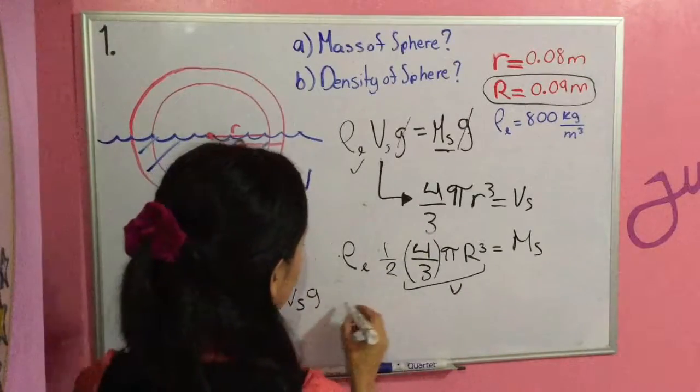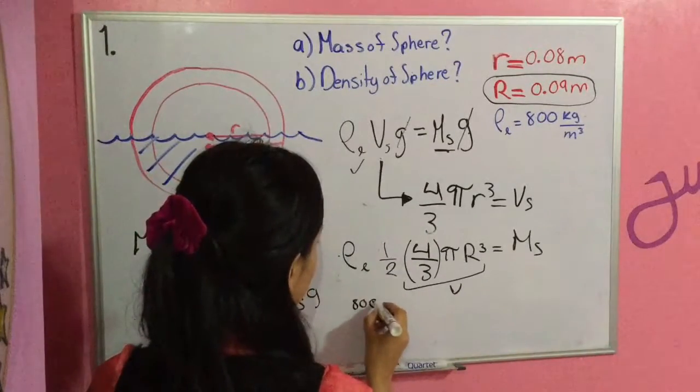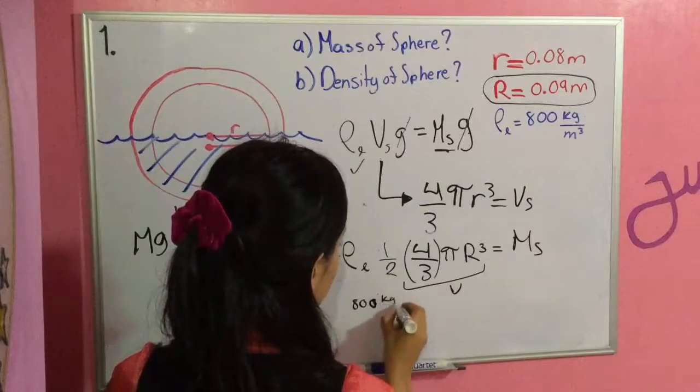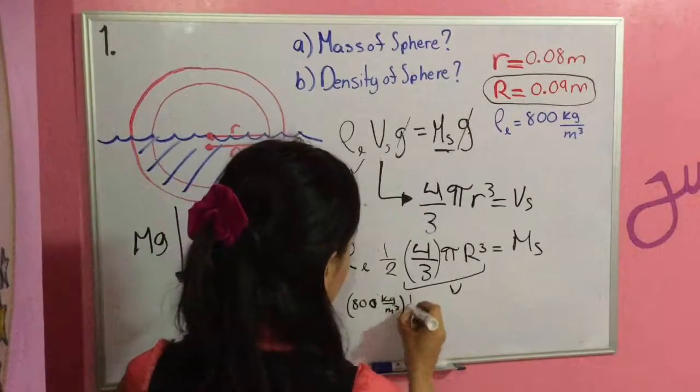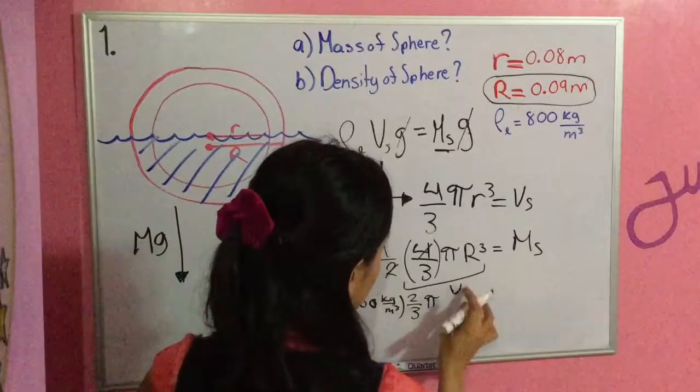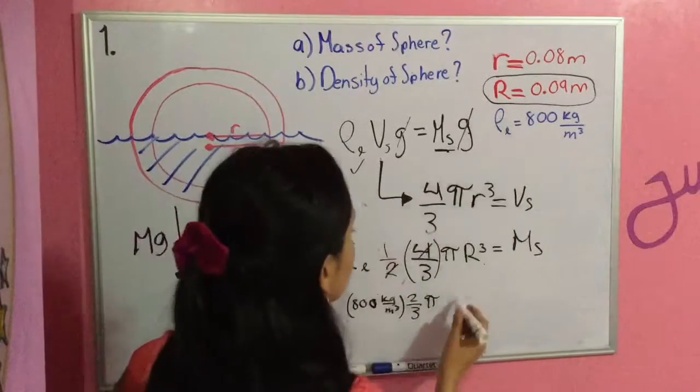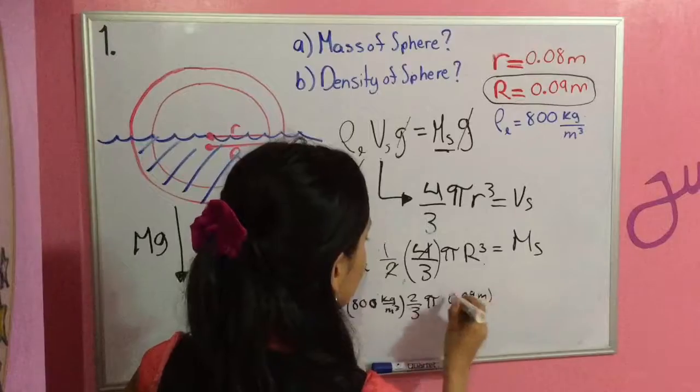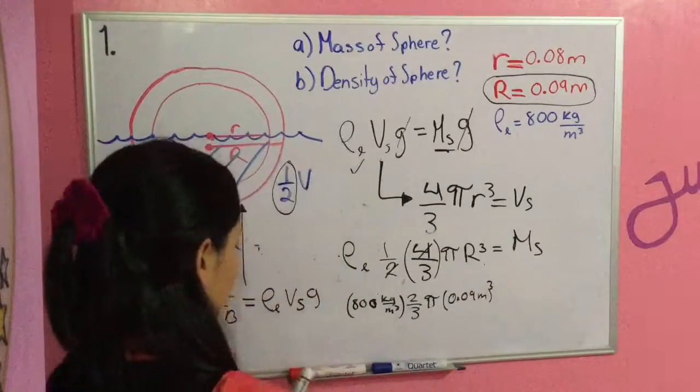And you only have to substitute the values. The density, 1/2, equals like this, 2/3 pi R cubed. In meters, we have to take care of the units.